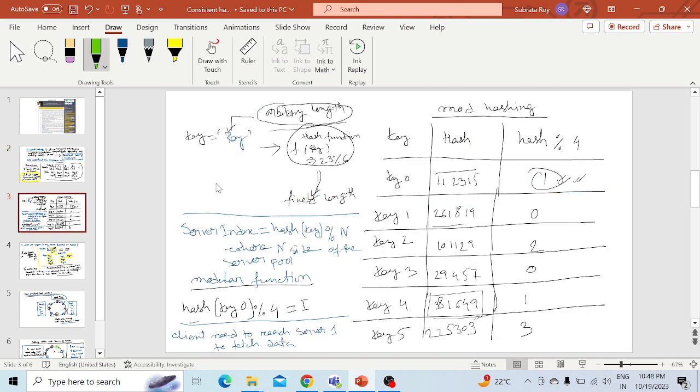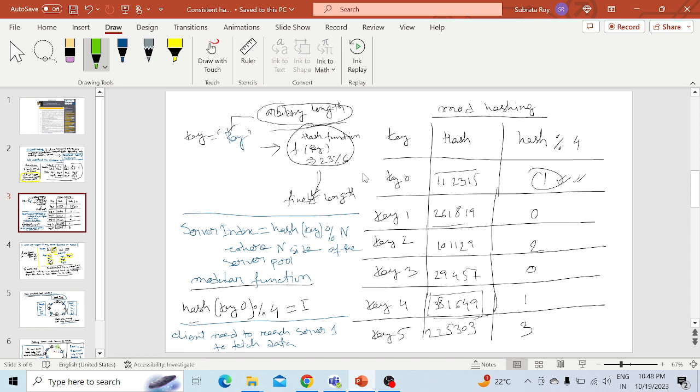Before jumping into how consistent hashing works, let's understand hashing's purpose. Look at this, mod hashing, like we have talked about. These are keys, these are hash numbers, and then the hash mod of 4.